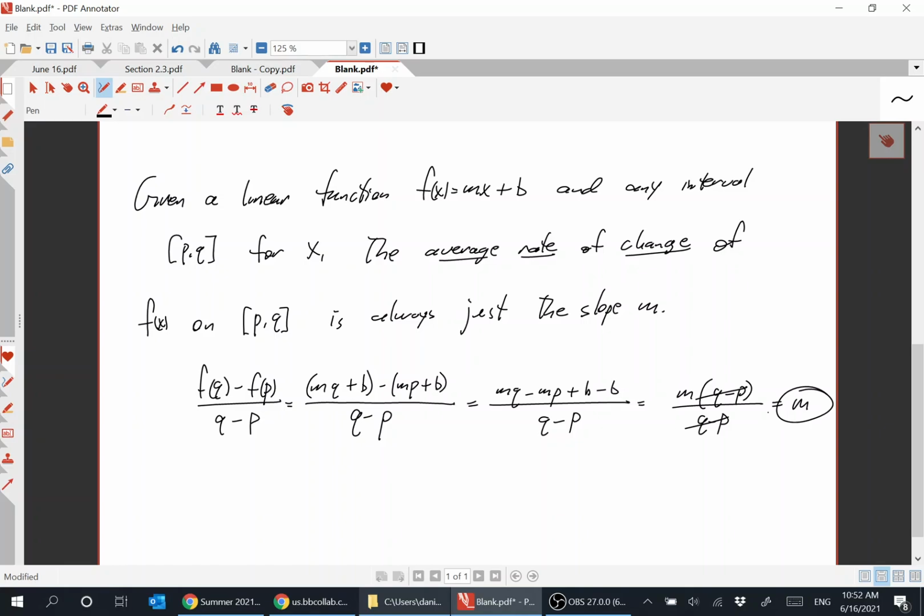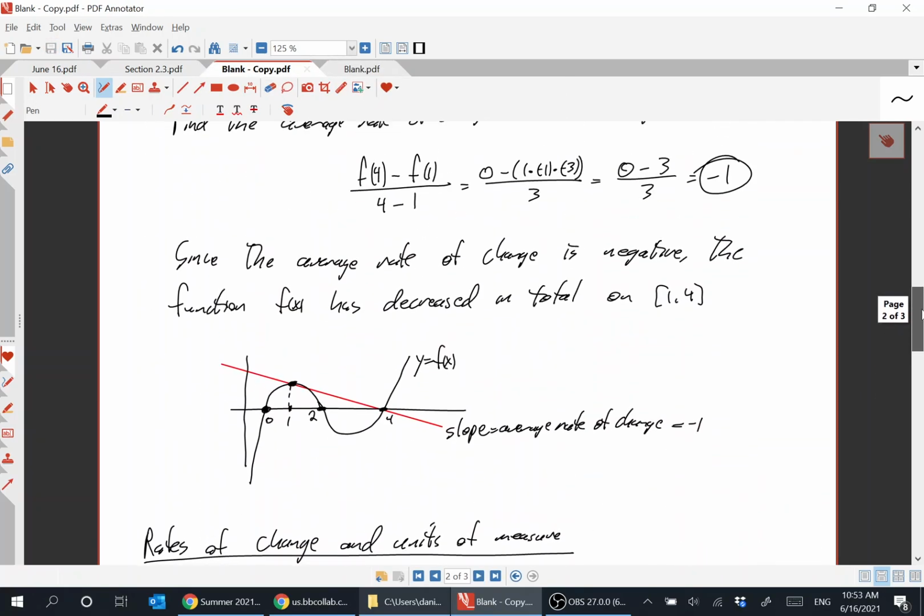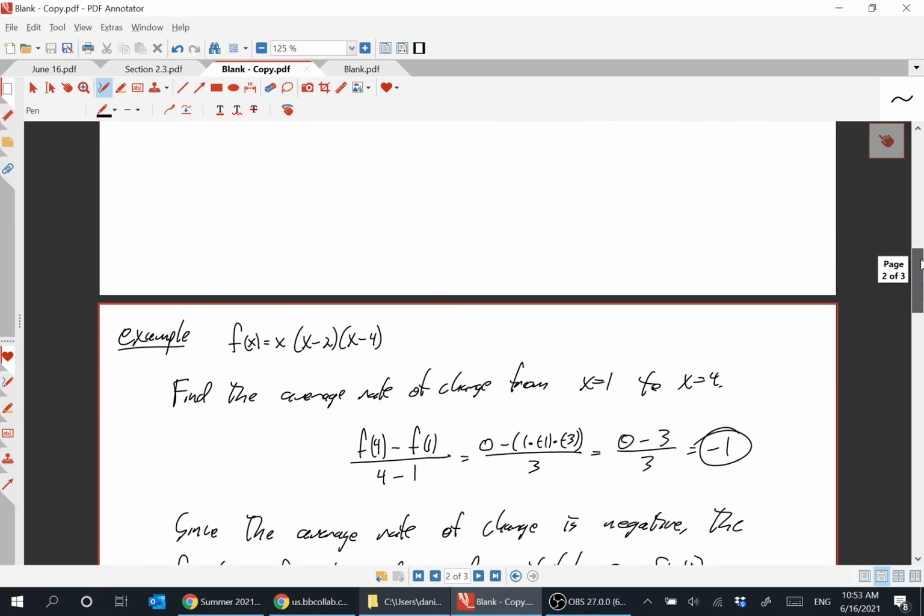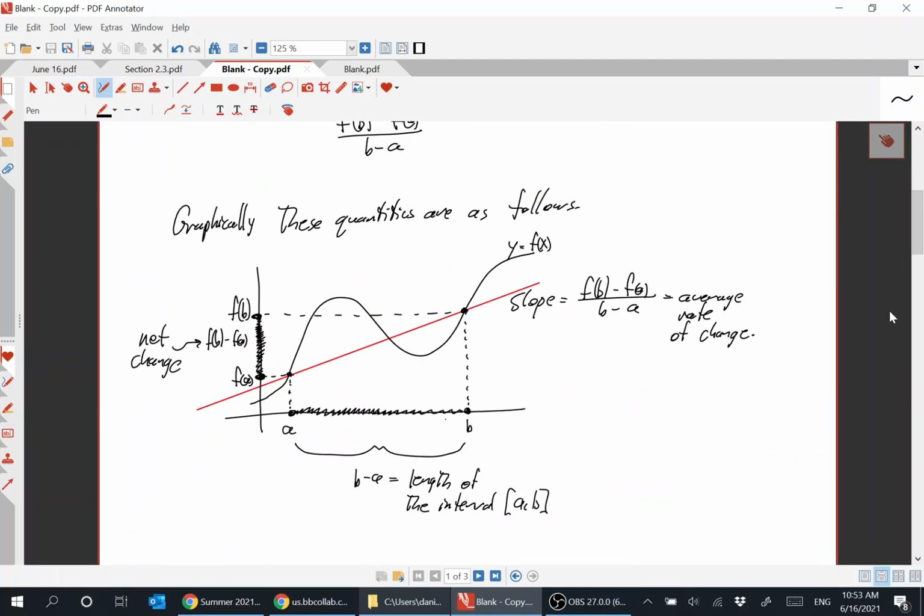So that average rate of change and the slope, right, those two ideas coincide with linear functions, right? And geometrically, of course, that makes plenty of sense, because the average rate of change is supposed to be the slope of the line that connects the 2 points of the function for which you're using to measure the average rate of change. When the function itself is a line to begin with, the line connecting 2 points on the line is just that line, right?